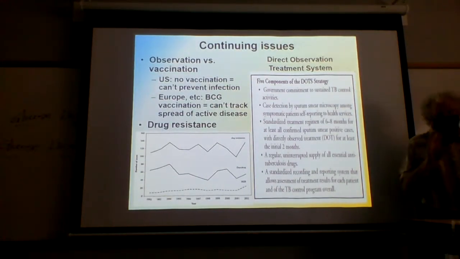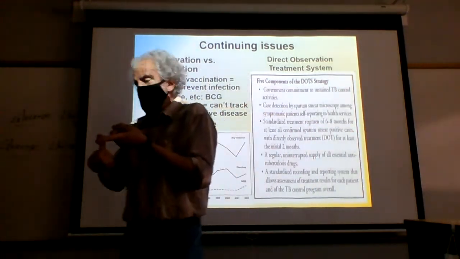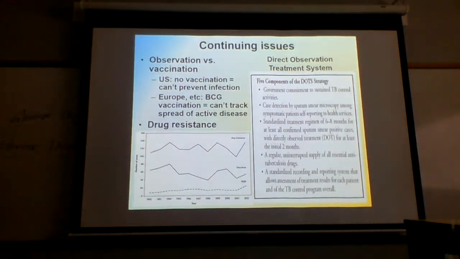So a couple of things are interesting about TB. Like diphtheria, we could generate a vaccine against it. And it's an interesting kind of game in that in the U.S. we have no vaccination.